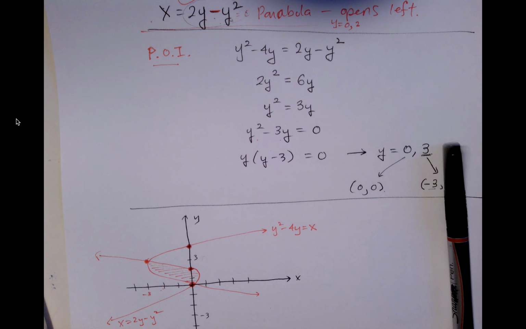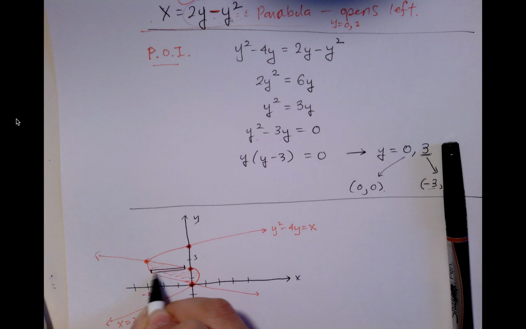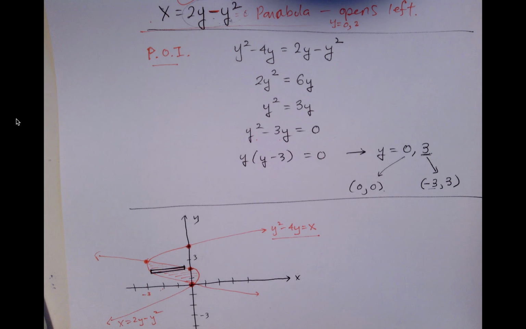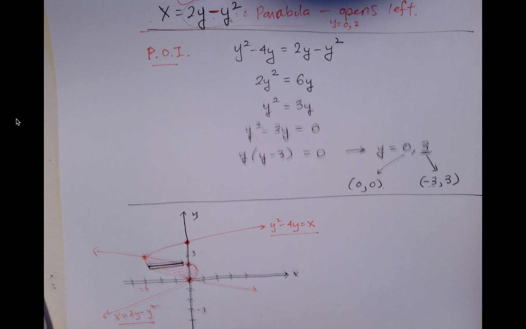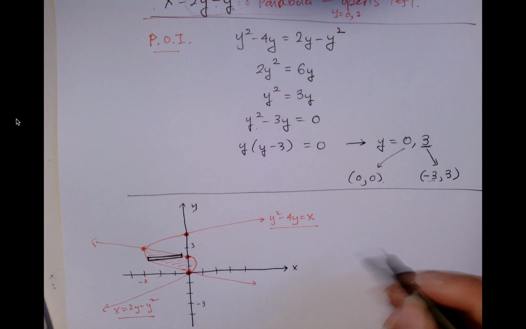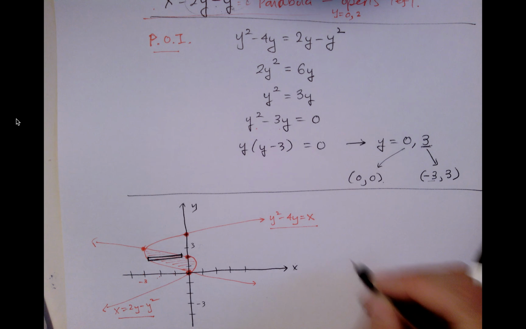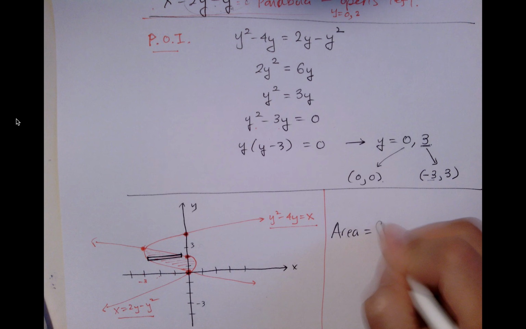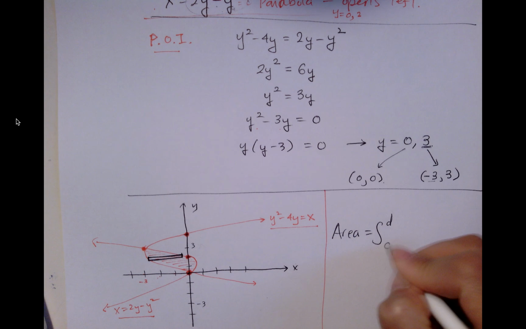Now, a typical approximating rectangle looks like this. Okay, since these are functions of y, I am going to integrate with respect to y. And in this case, the area is going to be given by the integral.